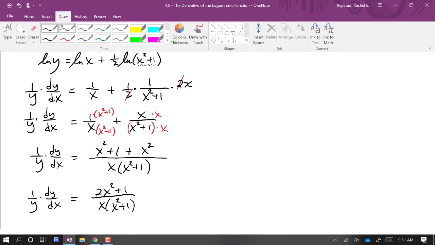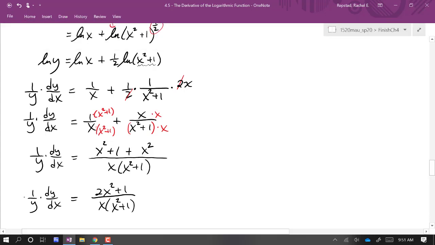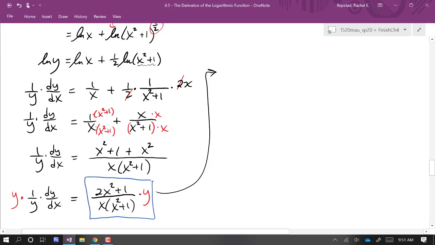We want to solve for dy dx, so I'm going to multiply both sides by y. Now here's the thing. When we do that, on the right side, I have this expression that has both x's and y's, and this factor of y. But the original function was given y as a function of x only. So when we find dy dx, we ought to be able to write it only as a function of x.